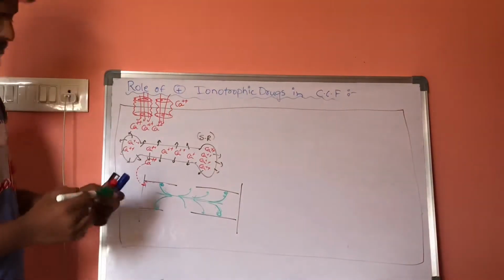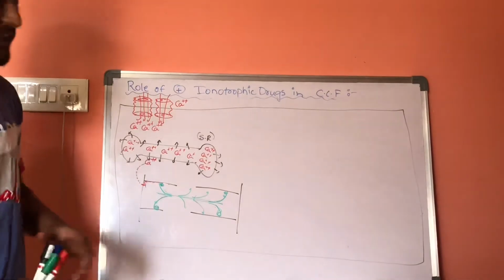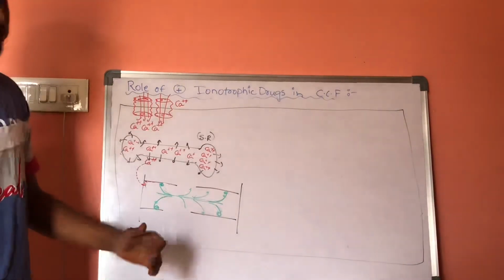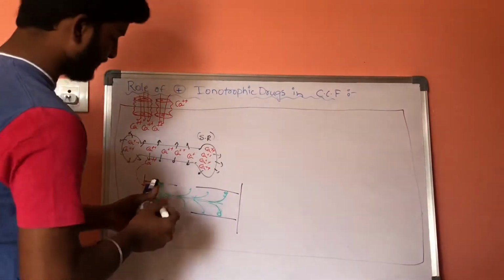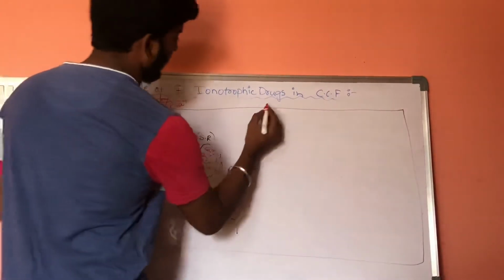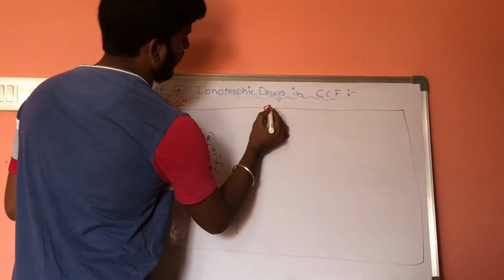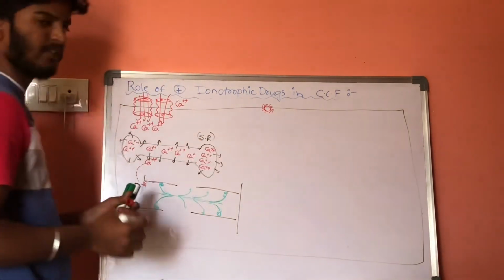In this way, normal contraction can be seen, and after the contraction there should be relaxation, that is repolarization. Here, let us consider this is sodium potassium ATPase.